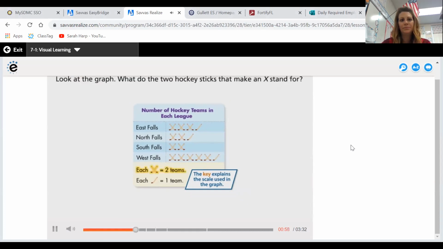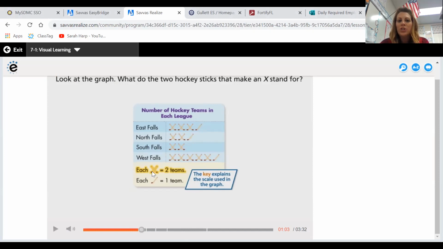Look at the graph. What do the two hockey sticks that make an X stand for? All right, so that is where we would want to always make sure that's one of the first things we're doing when we look at a picture graph. We want to read the title and then we want to read the key so that we know what information is being collected and how to interpret it.